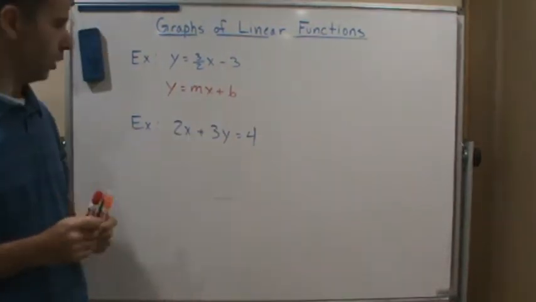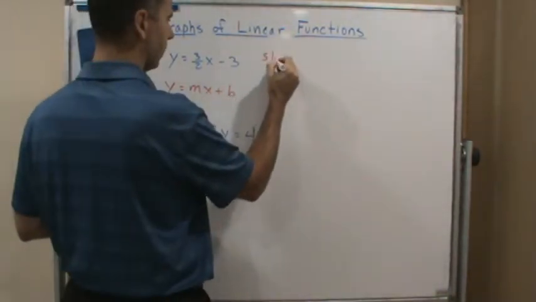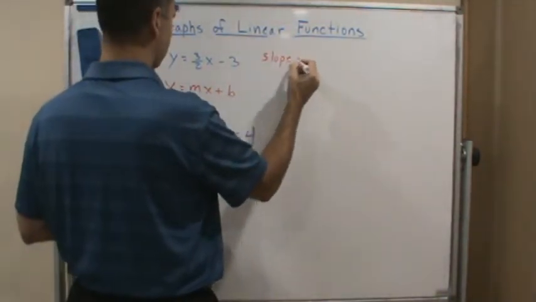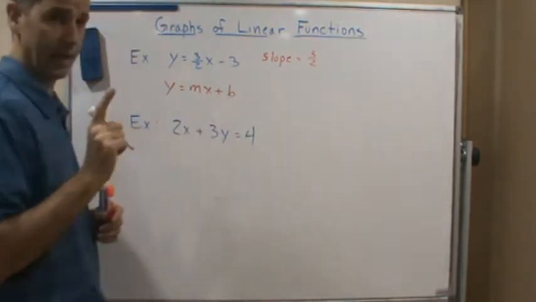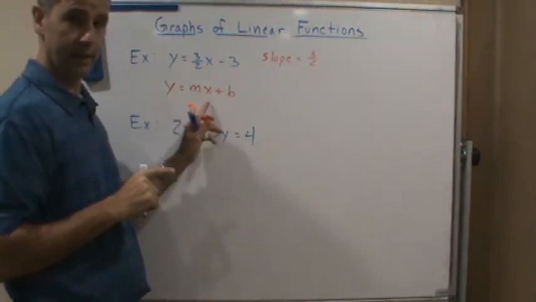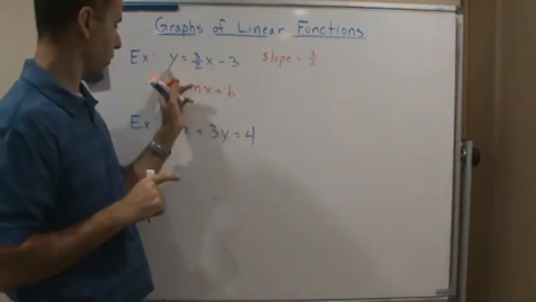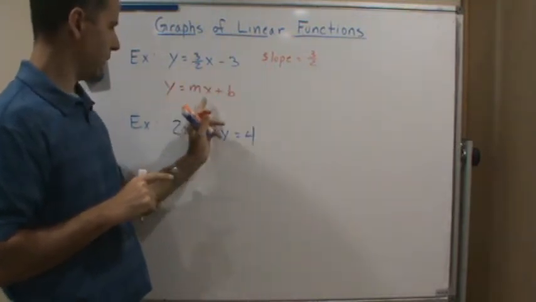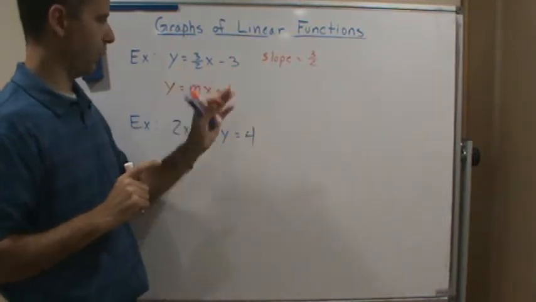So what's the slope? Well, the slope is going to be equal to 3/2. Not 3/2 x. Remember, m is the coefficient that's attached to the x, so you always look for the x and the coefficient. As long as it's in y equals mx plus b form, then you can easily find the slope and the y-intercept.